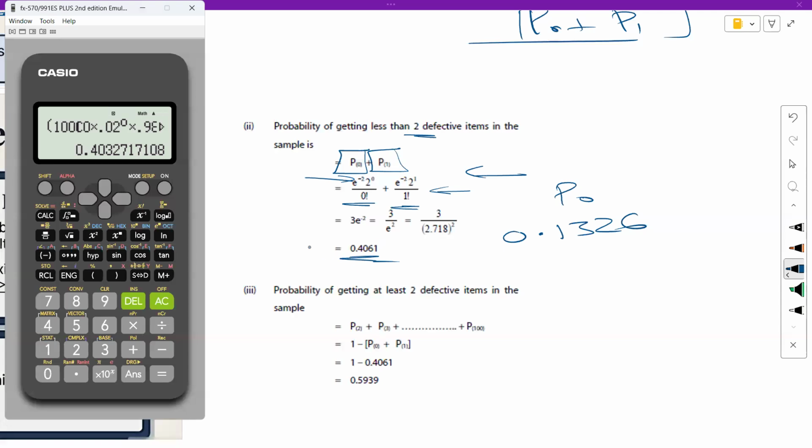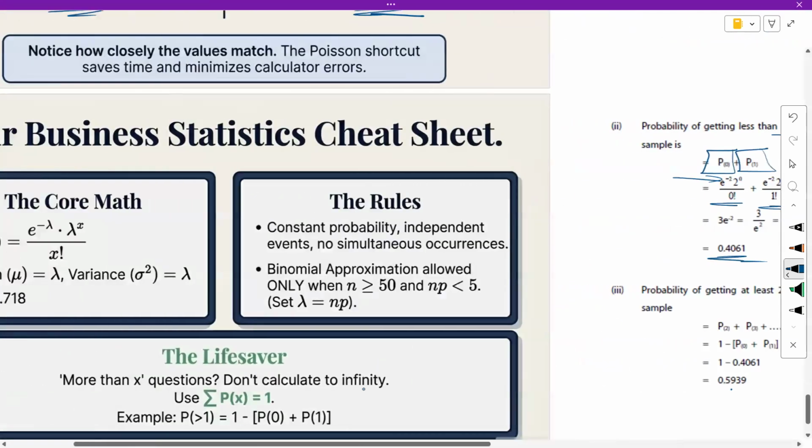So 1 minus less than 2, we can get at least 2 defective items. The sample here is 2, 3 to 100. So 1 minus 0.4061 gives 0.5939. So it's straightforward and simple.